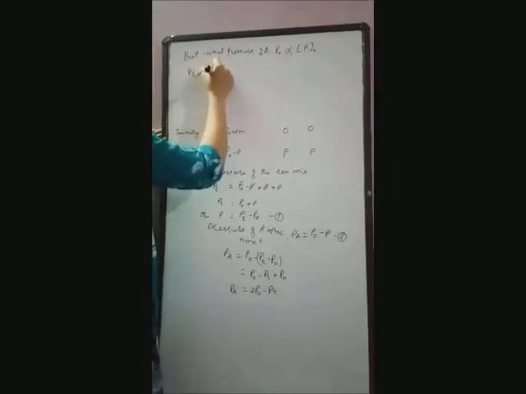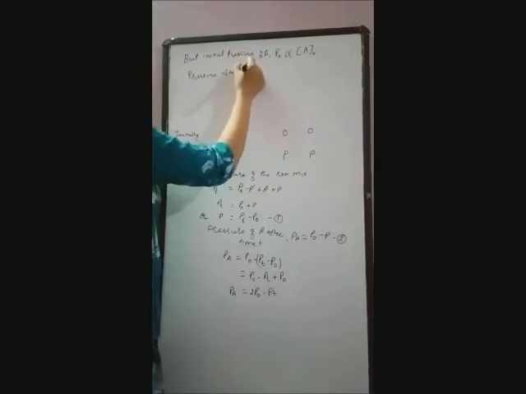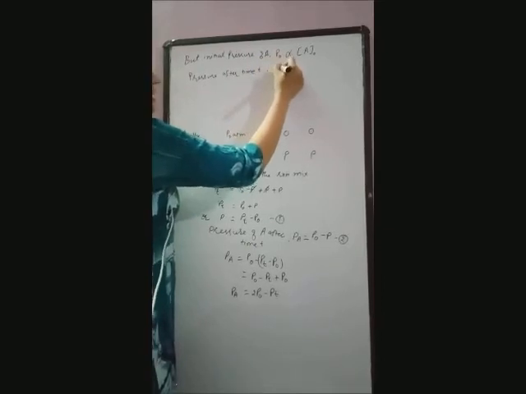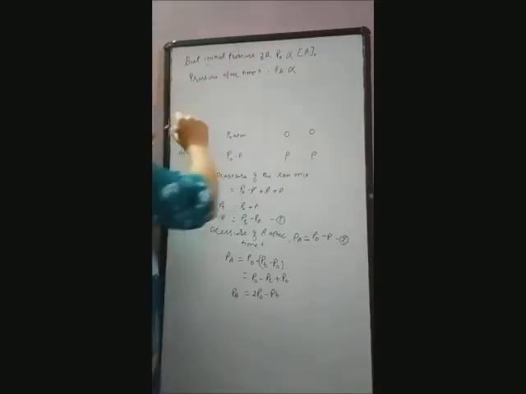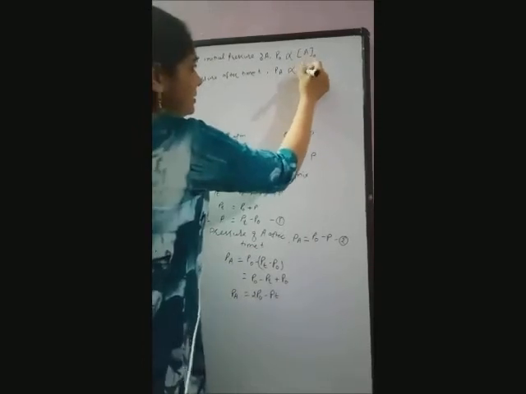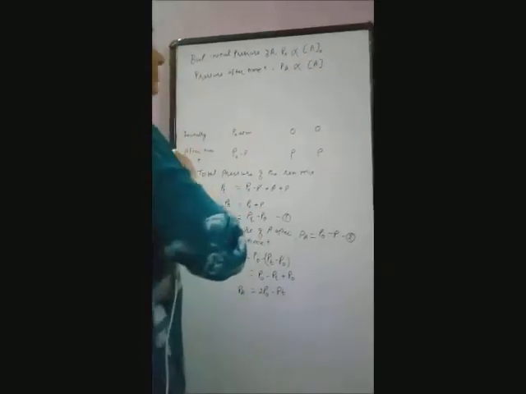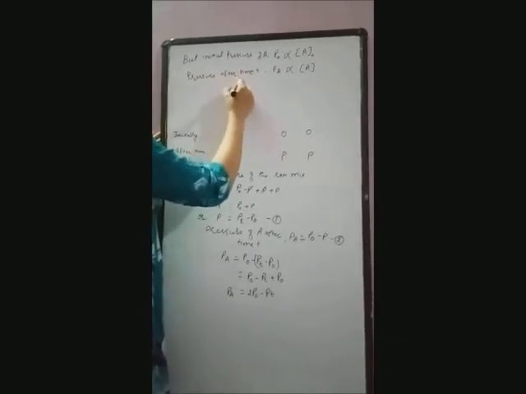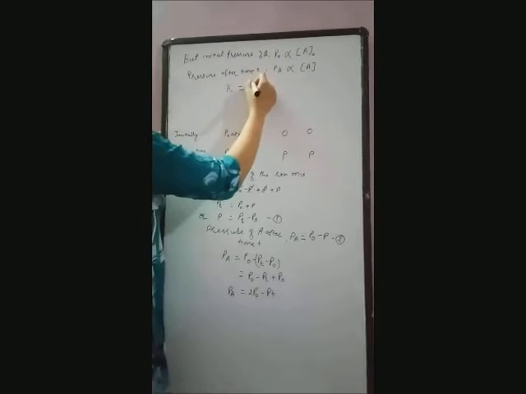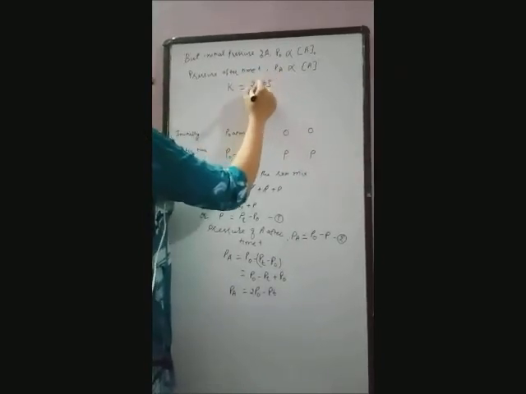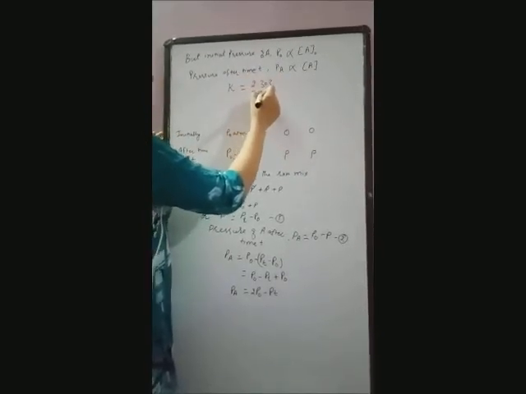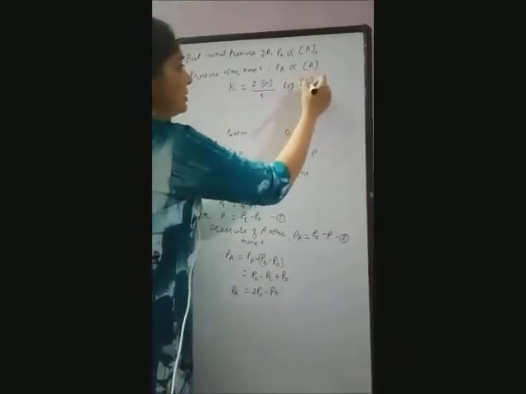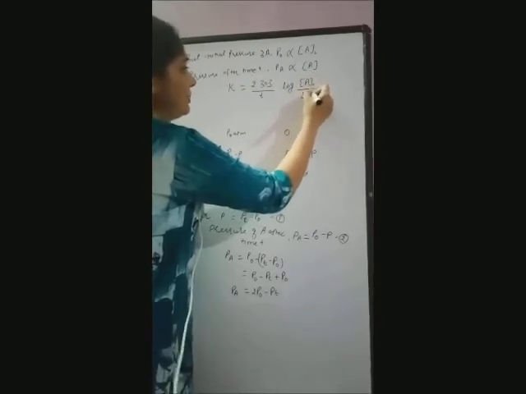Pressure after time T, PA, is directly proportional to A, concentration at time T. Then according to rate constant for first order reaction, K is equal to 2.303 upon T log A naught upon A.